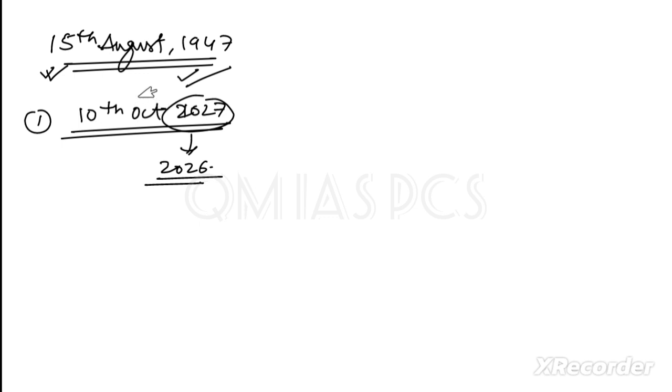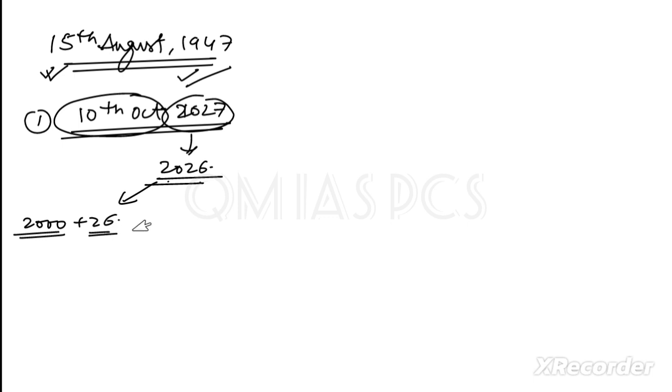Until 10th of October we have to calculate. So we have to disintegrate it: 2000 plus 26. This is 0 odd days and this one is 26, so we first divide by 4 to count the number of leap years.